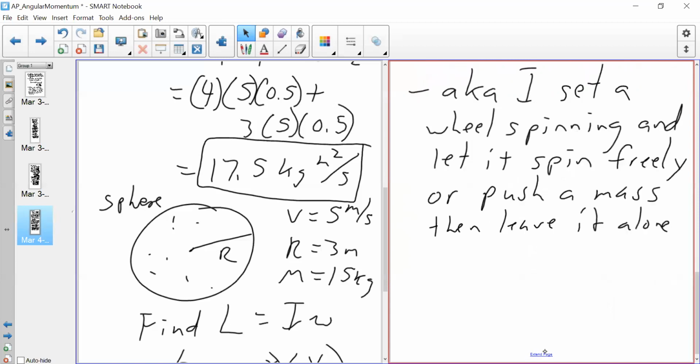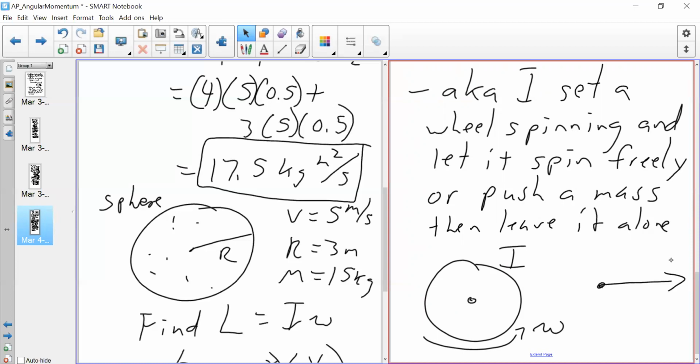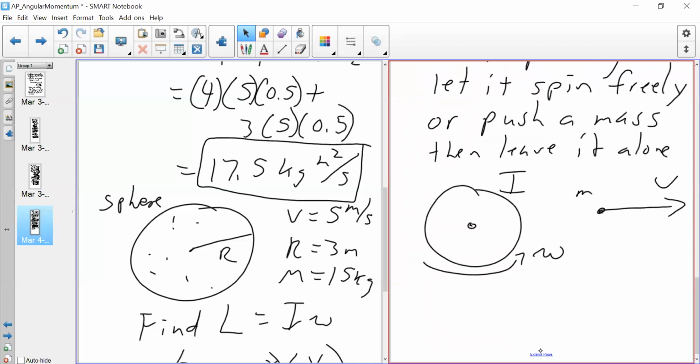Like I had the case before, the wheel is just spinning about its center of mass with angular velocity omega and moment of inertia I. It's just spinning about. The momentum is never going to change. If I have a point mass and I push it, it's going to be moving along at constant velocity, no outside force. It's going to keep on moving with that momentum. It will be constant.